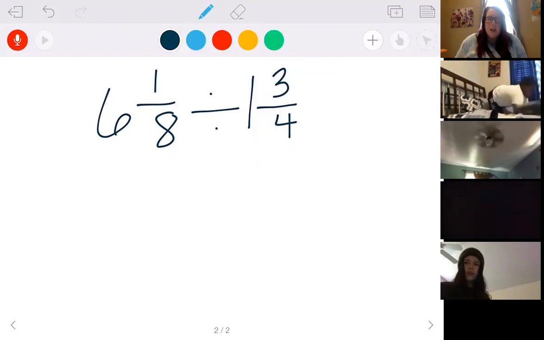Now remember, the first thing you're going to have to do here is change each fraction over to an improper fraction. They're mixed numbers right now, so just change them over to an improper fraction. Then you just do it like regular. Flip the second number, simplify, and multiply.